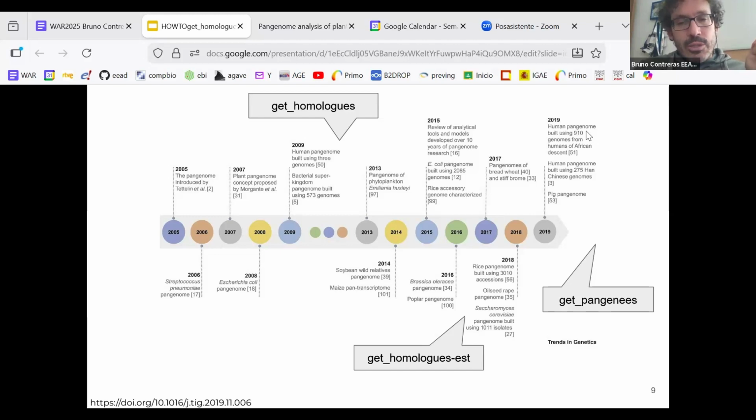The second one was GET_HOMOLOGS-EST, which was developed when I started applying these ideas on plant data, and many of the data sets we had were low quality transcriptome sets mixed with genes annotated from genomes of different quality. And later, we worked on the GET_PANGENES pipeline, which already uses high quality genomes.